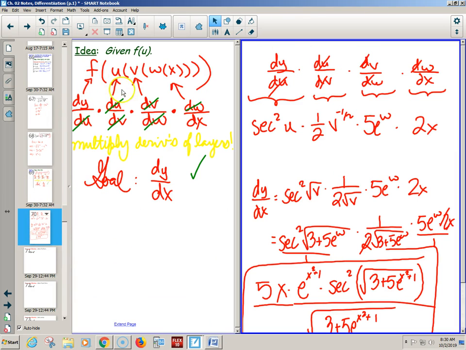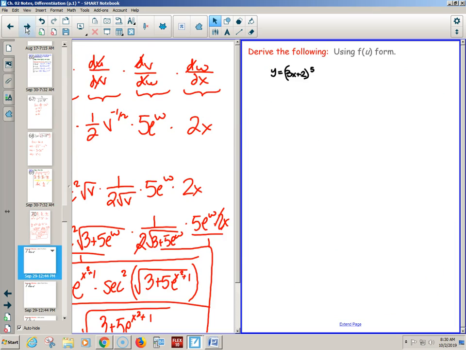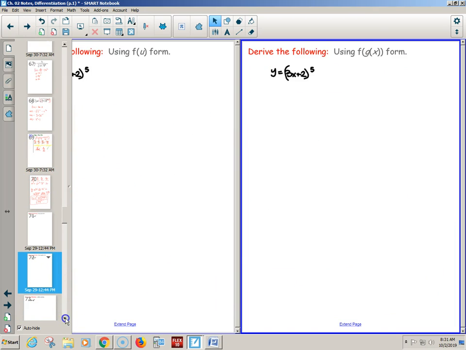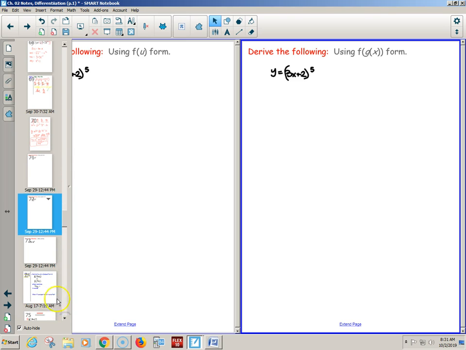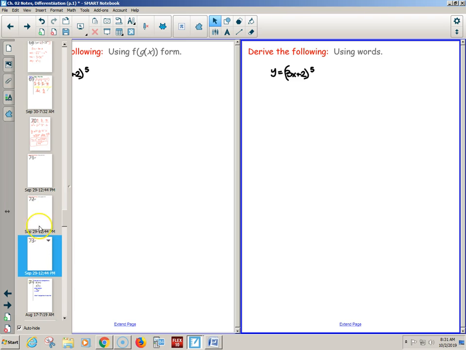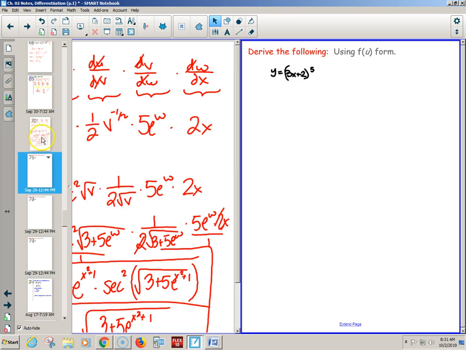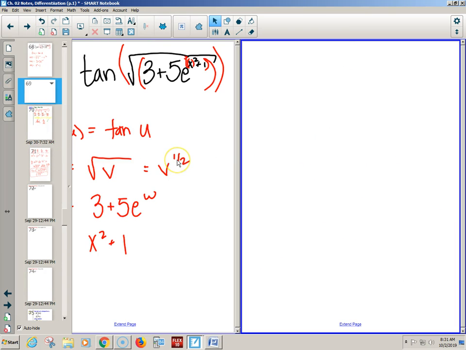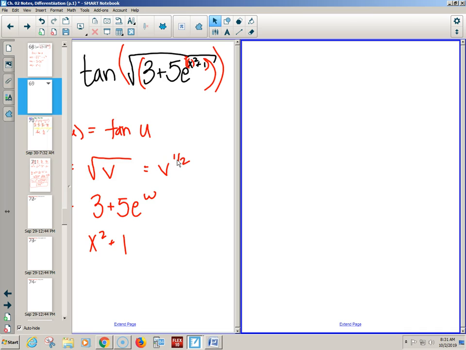We did the derivatives piece by piece and multiplied them all together and then got them all in terms of x at the end. There is another approach. Let's not do that one yet. Where's my other approach? Oh no, I don't want that one. Okay, I'll just show it to you. I have it, but it's for another example.